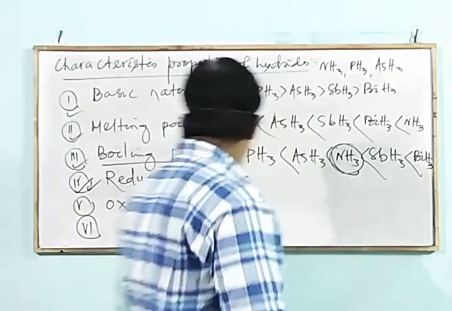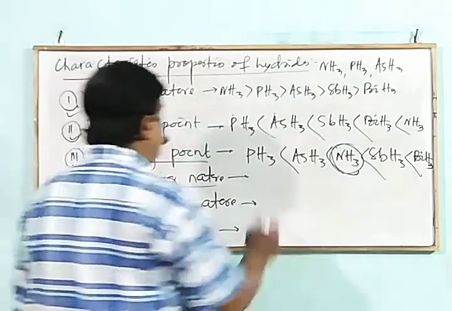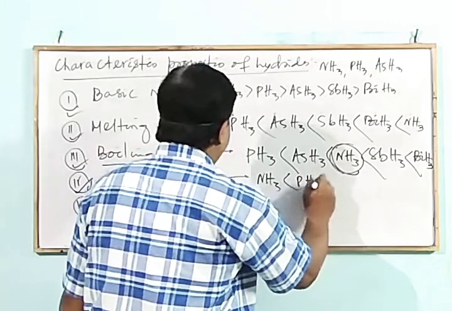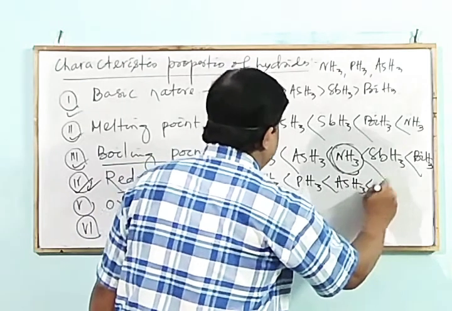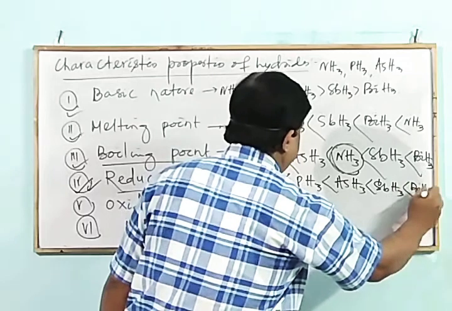So that means reducing nature gradually increases as NH3, PH3, AsH3, SbH3, BiH3.